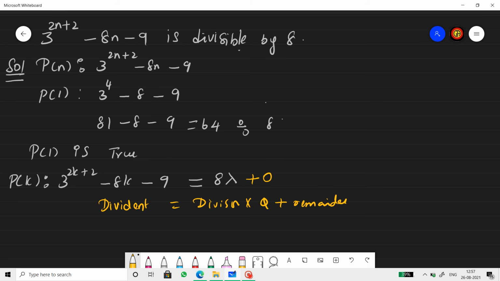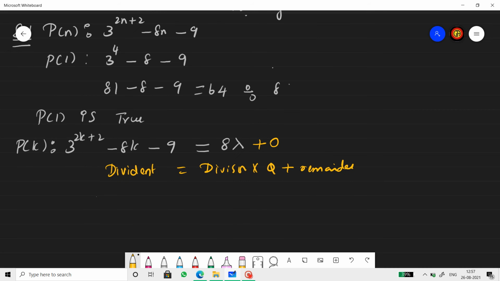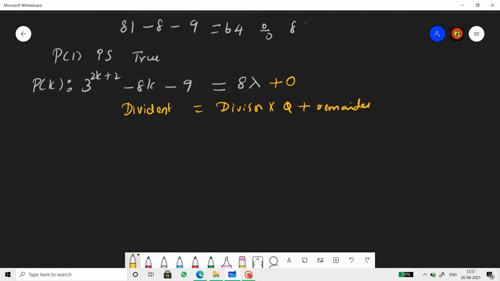So I am assuming 3 power 2k plus 2 minus 8k minus 9 is divisible by 8, and the number of times it is divisible is lambda times. Alright. The yellow ones are just for understanding; you don't have to write that. Now I am going to continue with the k plus 1 statement.